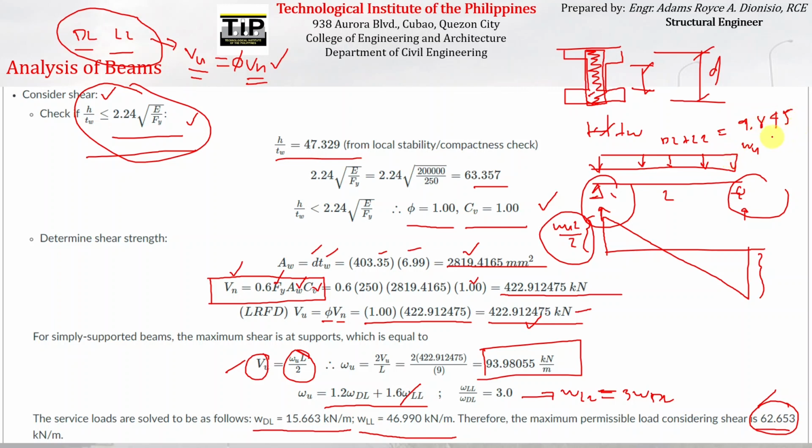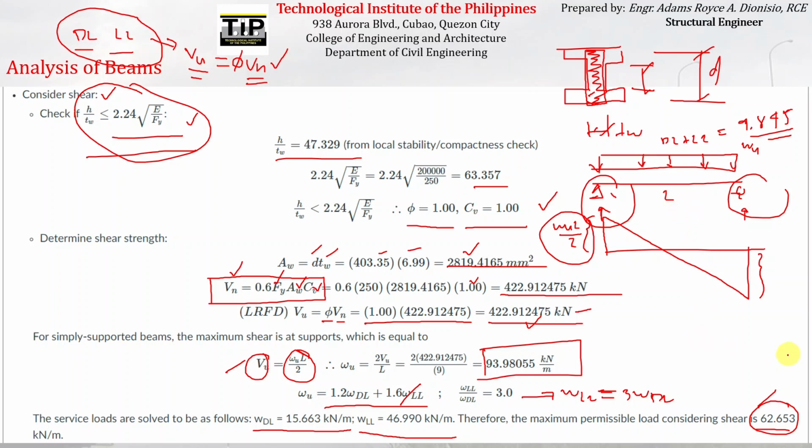With respect to what we computed from checking the flexural capacity, if the applied load, dead load plus live load, is already equal to 9.845, then the steel beam will already fail in flexure.